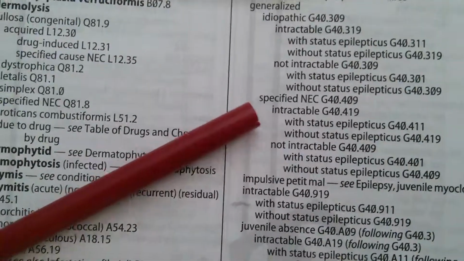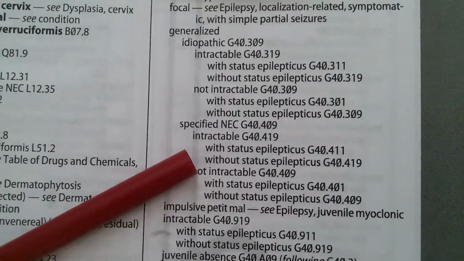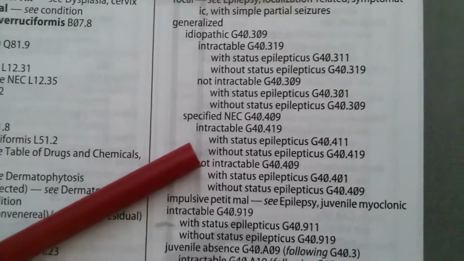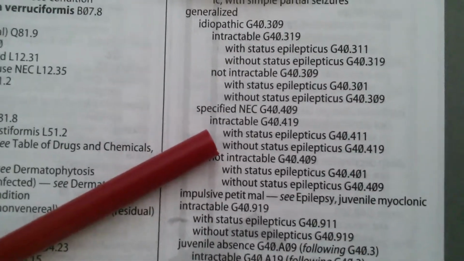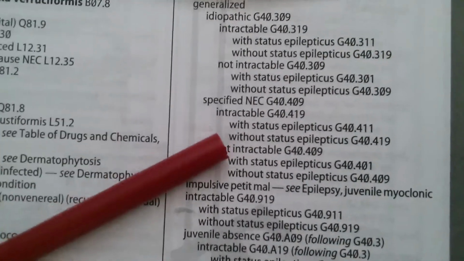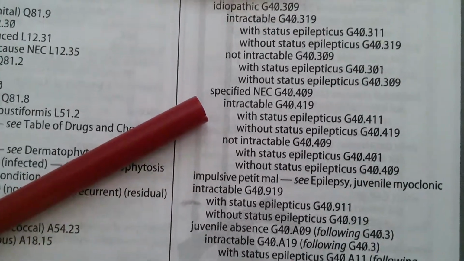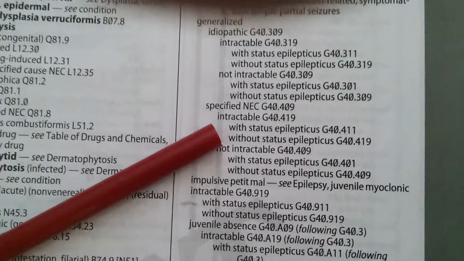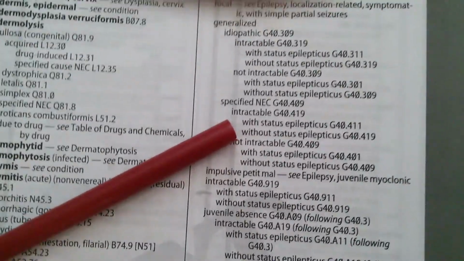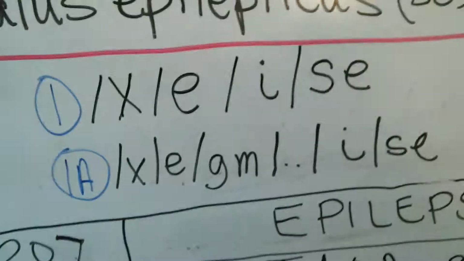Intractable, which is our second keyword, and then we have with status epilepticus. We have our fourth keyword. So we have epilepsy, we have grand mal, we have intractable, and we have status epilepticus. That sounds like it's a path that has everything. Let me review that. I made a little path here.